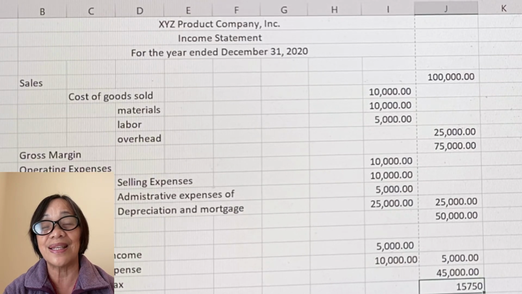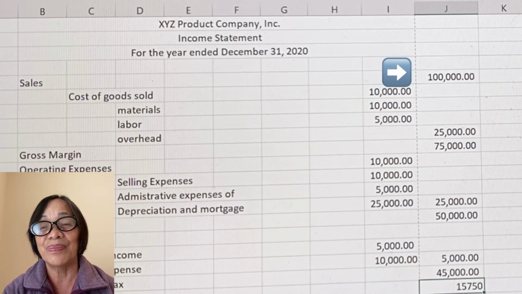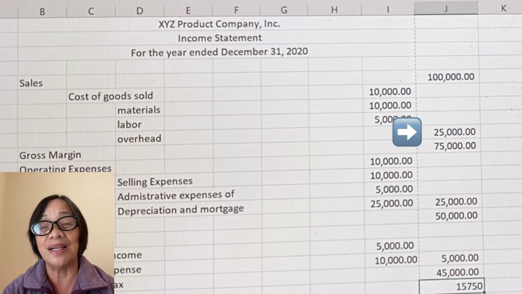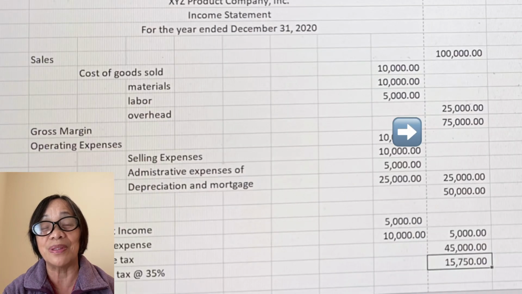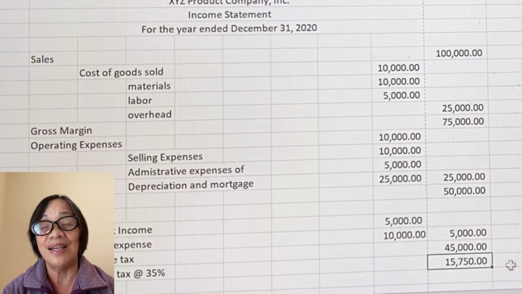Sales revenue is 100,000. Cost of goods sold is 25,000. We deduct the amount of cost of goods sold from our sales revenue. So 100,000 minus 25,000 equals 75,000.